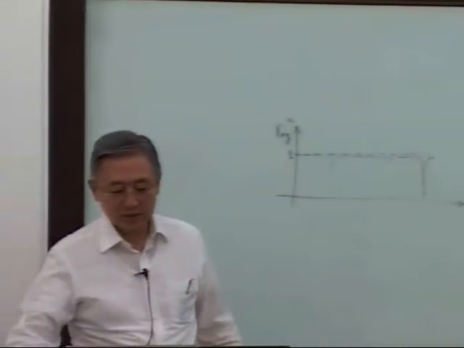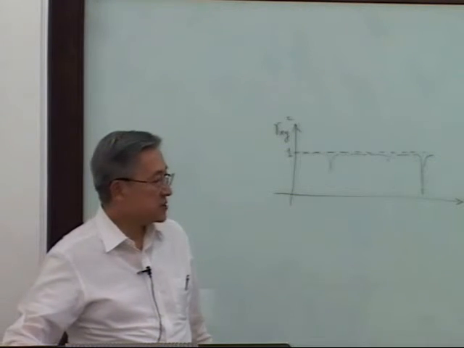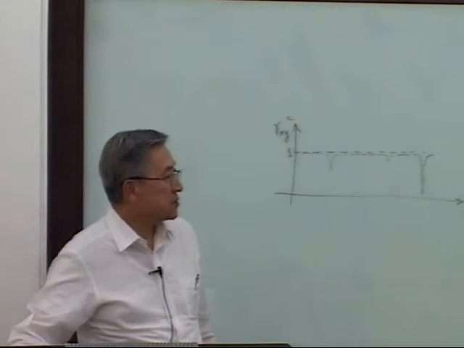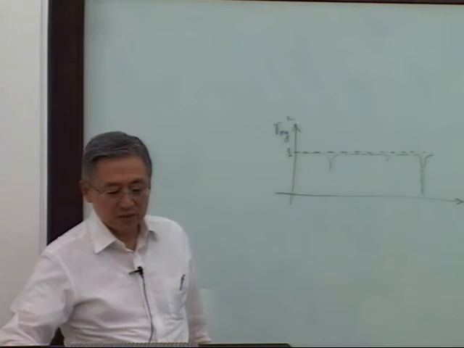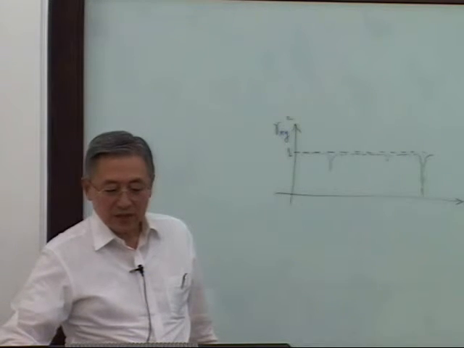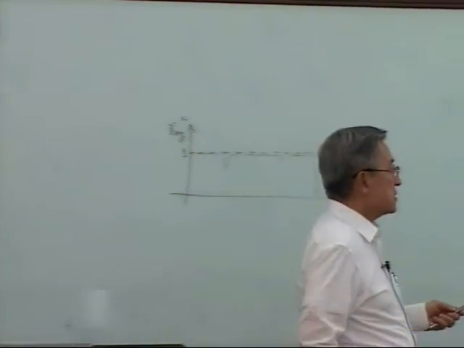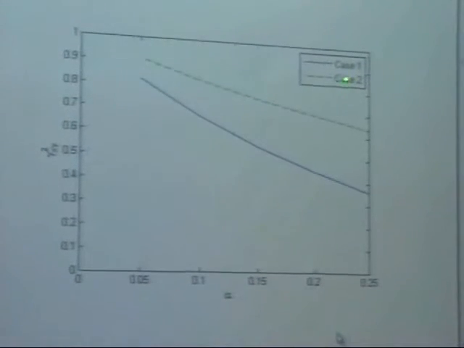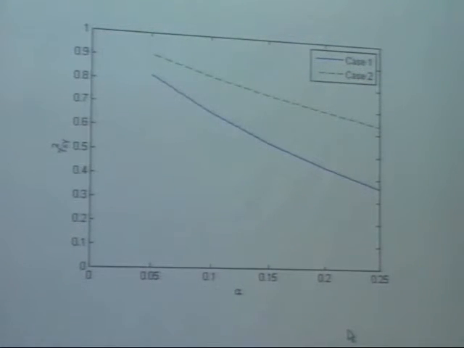So we plot that together. This is when alpha is equal to 5%, 10%, all the way to 25%, and gamma xy square varies. As you look at this solid blue line, it is lower than the dashed line, which is case 2, the orthogonal situation.